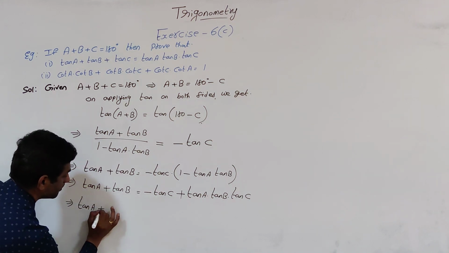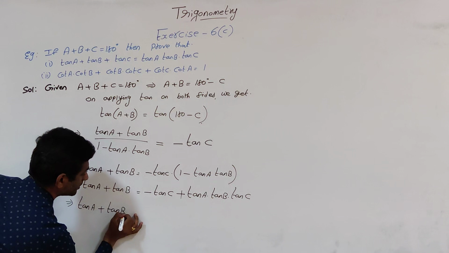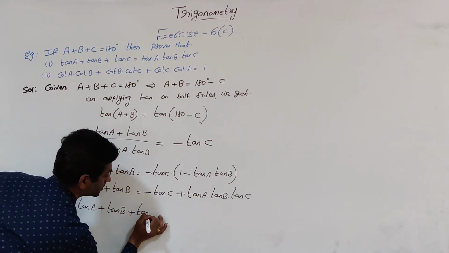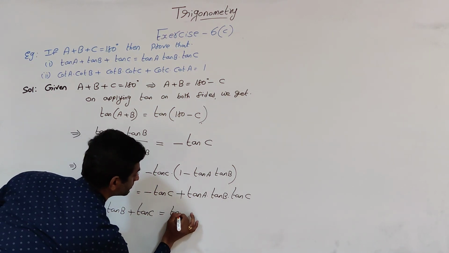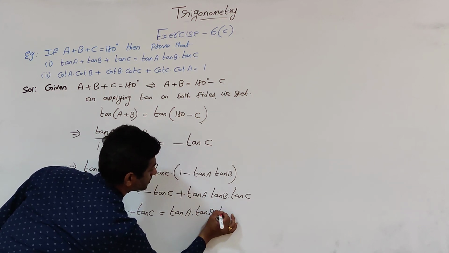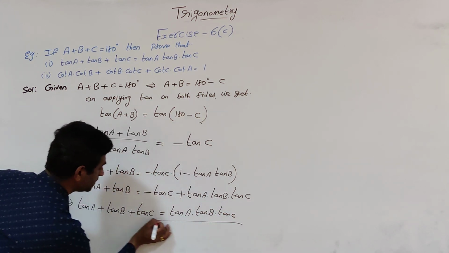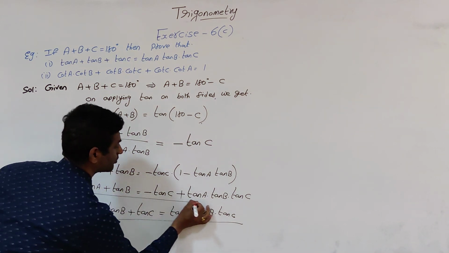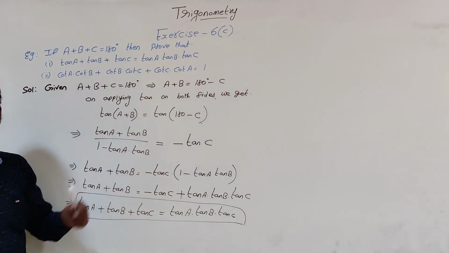Tan A plus tan B plus tan C is equal to tan A into tan B into tan C. And that is the proof of the first one.